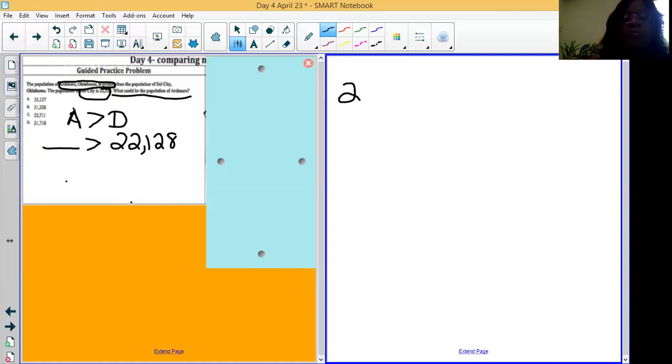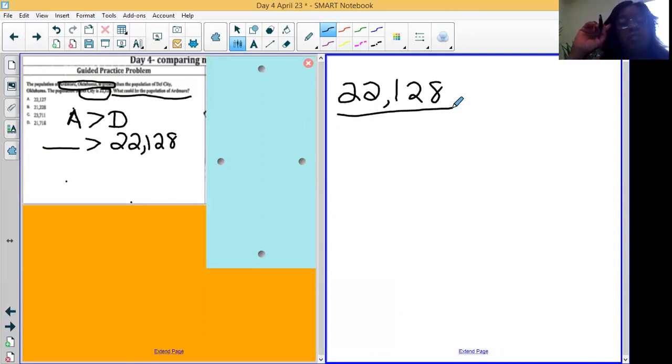So I'm going to begin by writing 22,128, and I know that represents Dale City. Up under it, I'm going to write down each answer choice that I have, and I'm going to be careful to line up my digits because luckily all of our answer choices and the number that we're comparing to have 5 digits. So this makes our job a little bit easier.